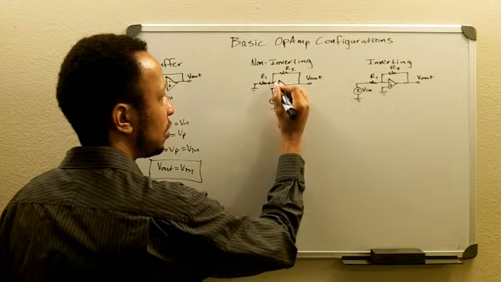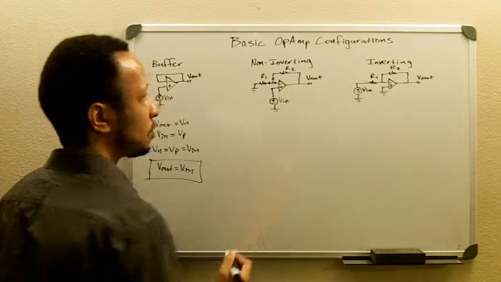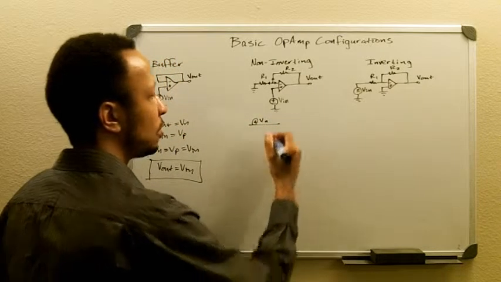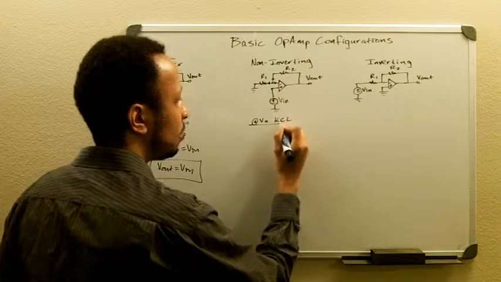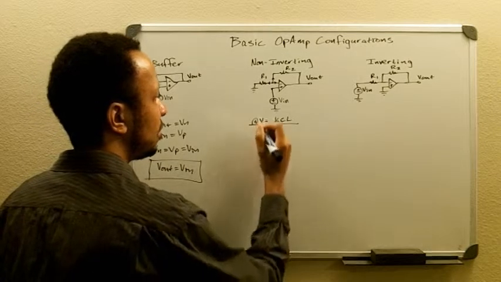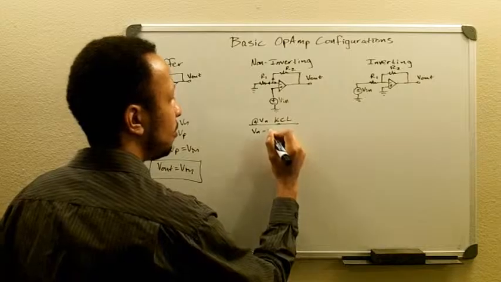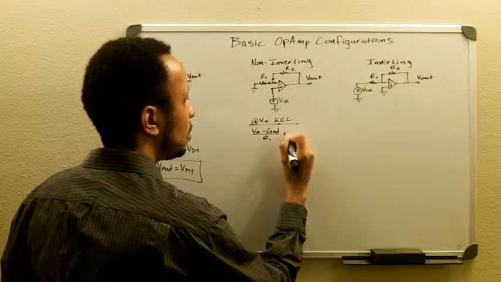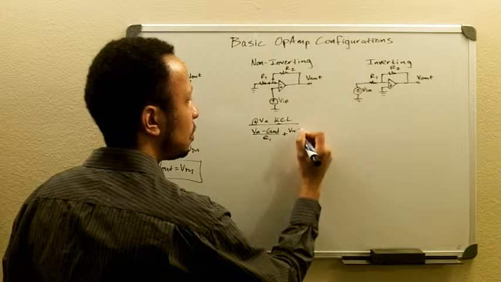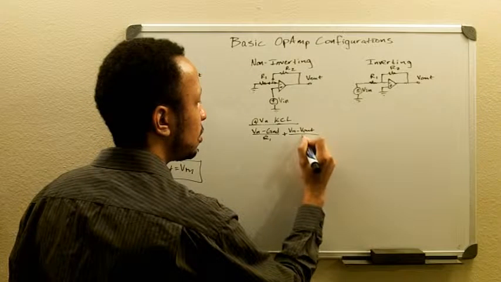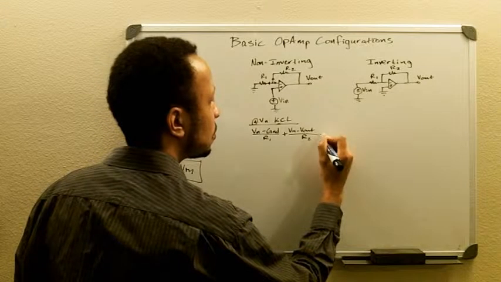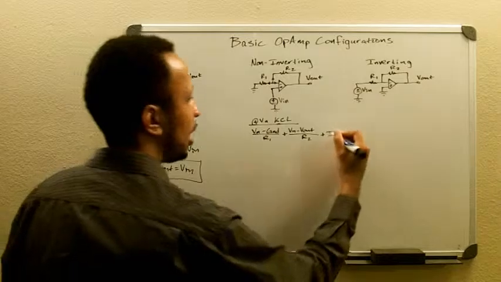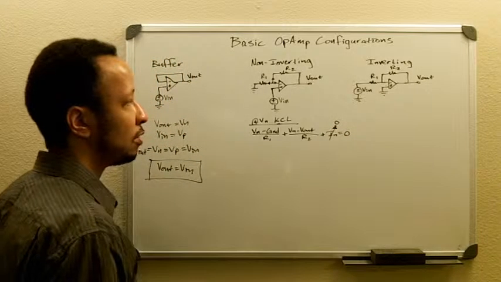So if we arbitrarily just assign currents here, and we start from node Vn, and we use KCL, Kirchhoff's current law, then what we'll see is that Vn minus ground over R1 plus Vn minus V out over R2 plus In equals 0.